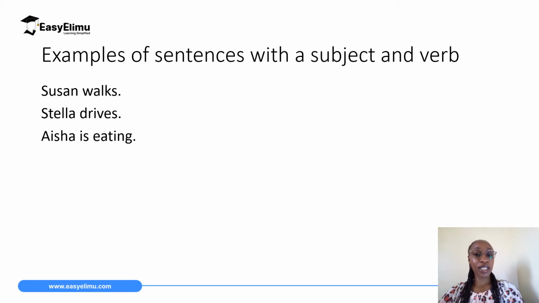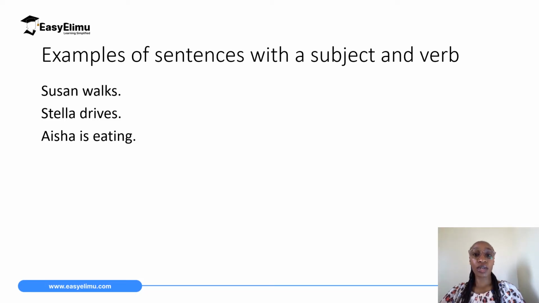An object sometimes is optional, and we are going to look at two different scenarios. We are going to look at examples of sentences that have only a subject and a verb, and then we are going to look at sentences that have a subject, a verb, and an object. So let us start with sentences that have a subject and a verb only.